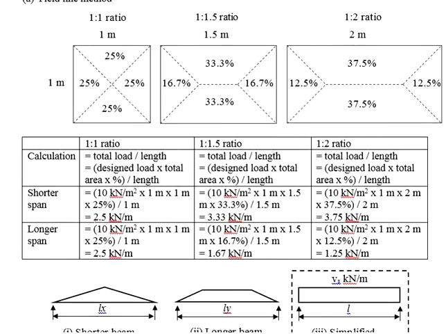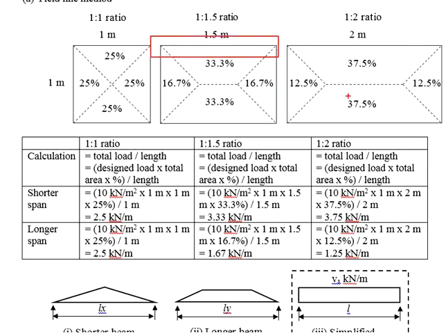Your design load is 10 kilonewton per meter square times the total area, which is 1 meter times 1 meter, and times the percentage, which is 25% to be carried by this beam. You will do the same for the rest of the beams.